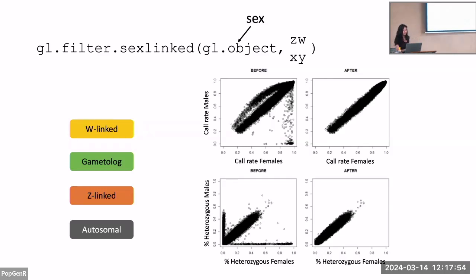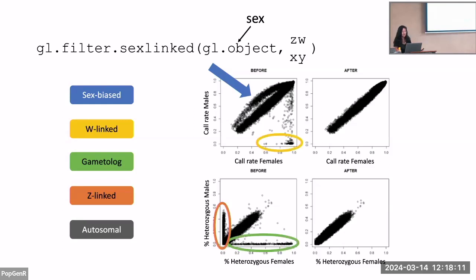A little note here. There is another type, not really another type of sex-linked loci, but for the purposes of this function we call them sex-biased. It's this funny curve, this funny aggregate of loci here that are not behaving like the W-linked, the gametologs or the Z-linked that we talked about. But we found out that these ones are Z-linked loci.